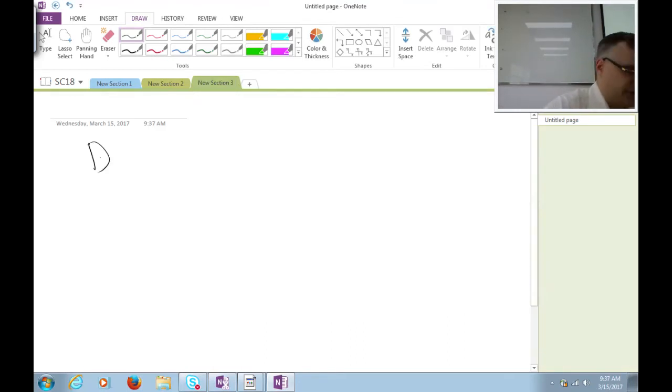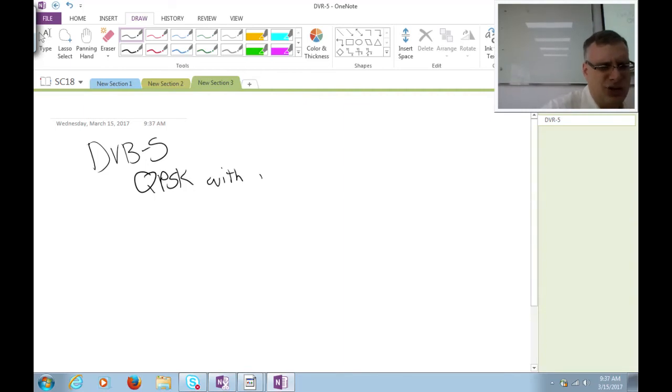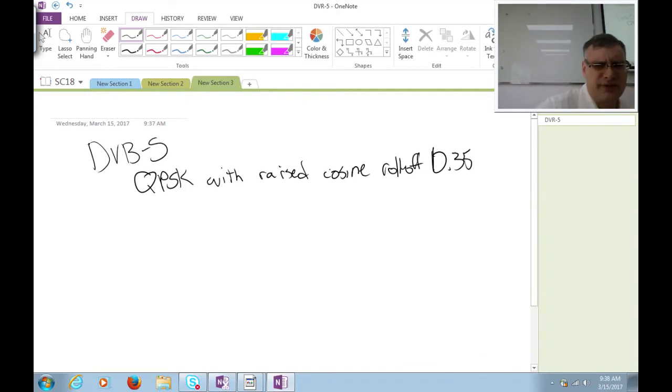So the forerunner, DVB satellite, digital video broadcasting satellite, used QPSK, so it had one type of modulation with a raised cosine roll-off factor of 0.35.